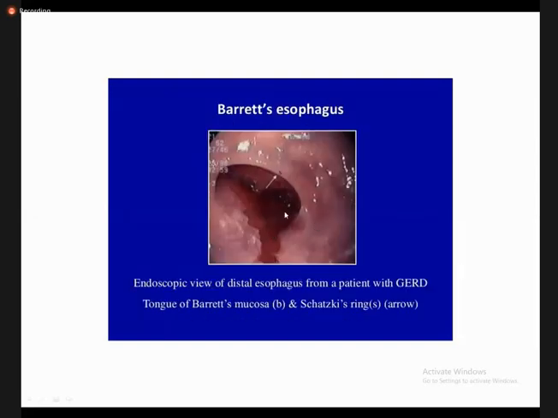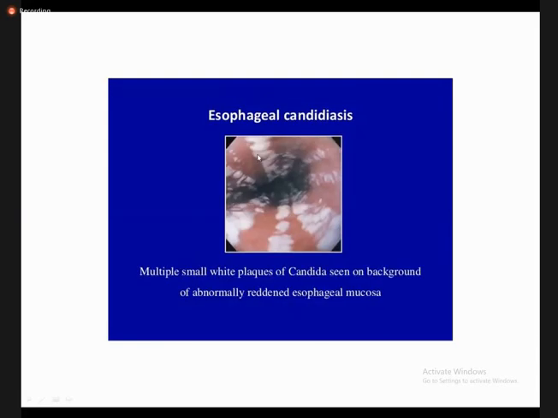Again, Barrett's esophagus is also one of the common causes. It is a complication of the GERD, and now here is a bleeding you can see from the esophagus. Then esophageal candidiasis is a fungal infection.